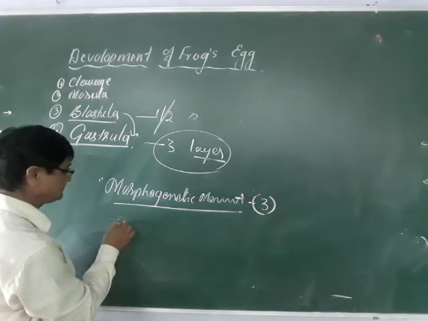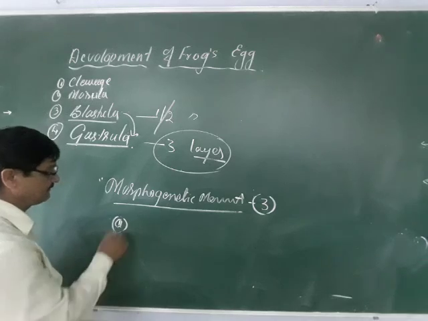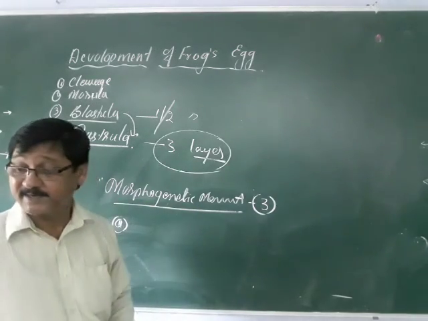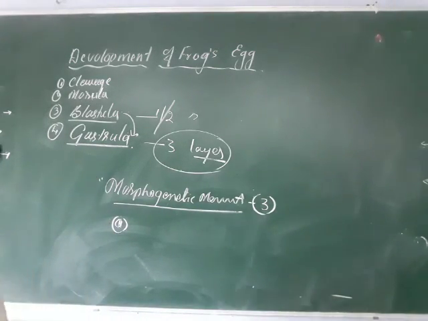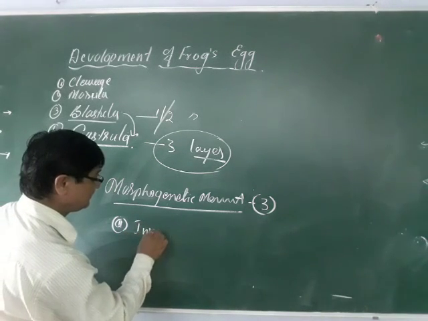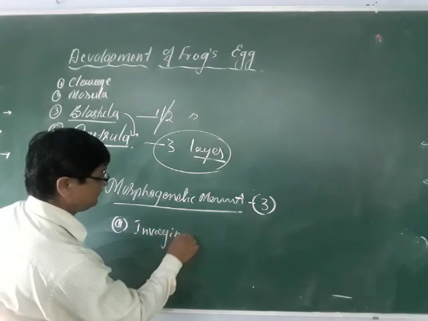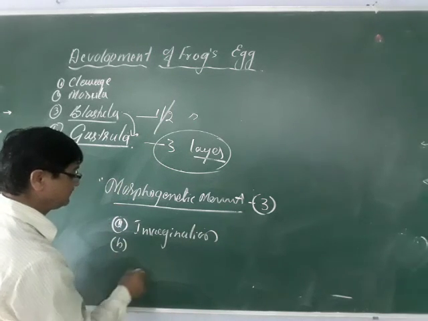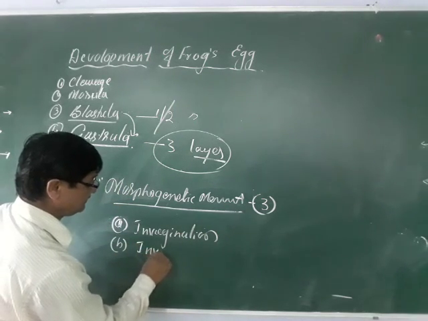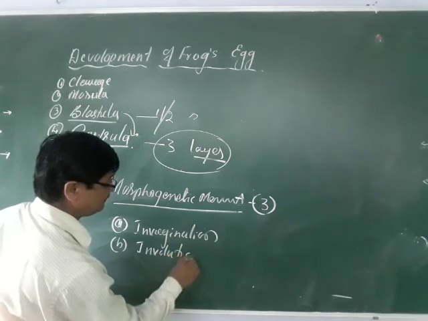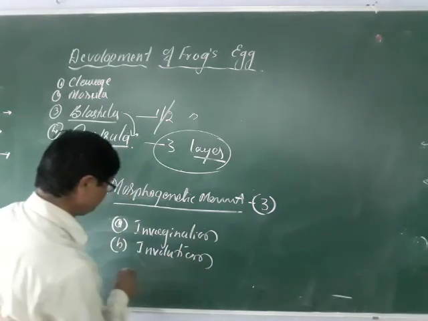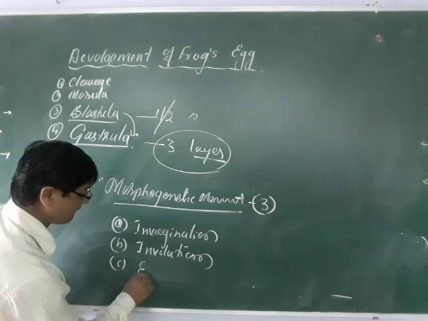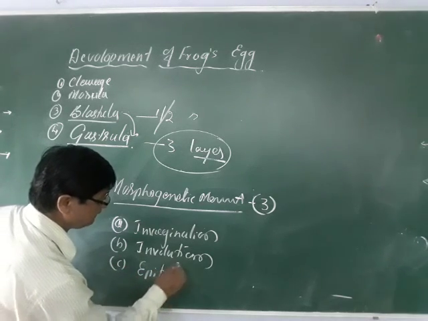The first morphogenetic movement is called the invagination, and second one is involution, and third one is epiboly.